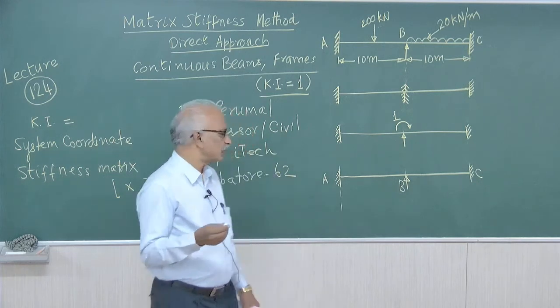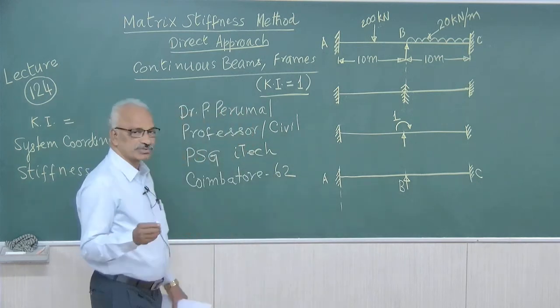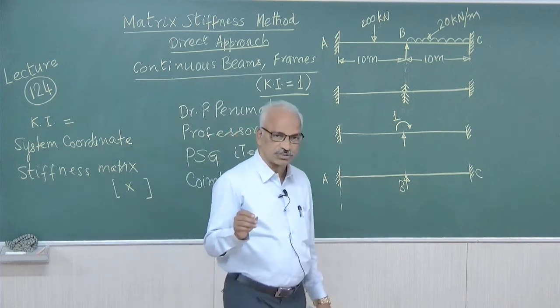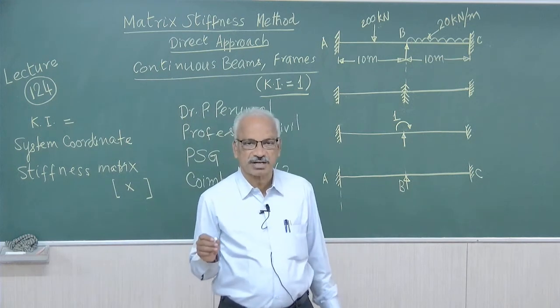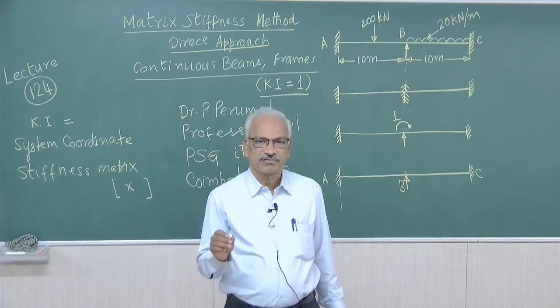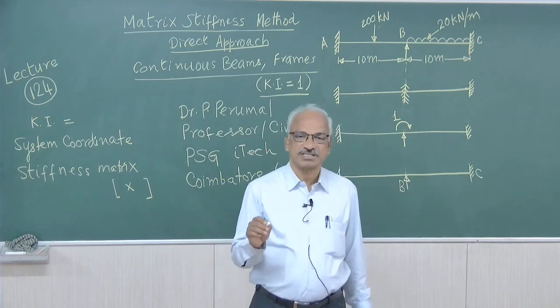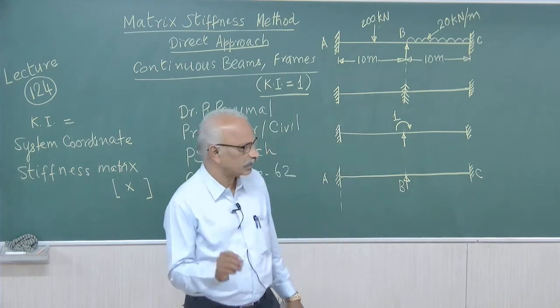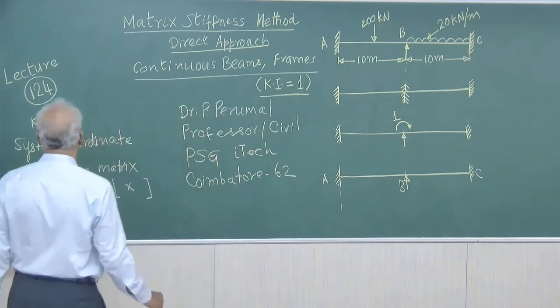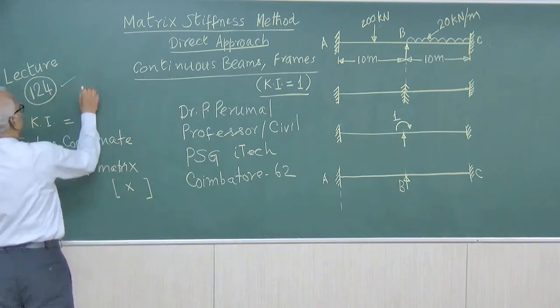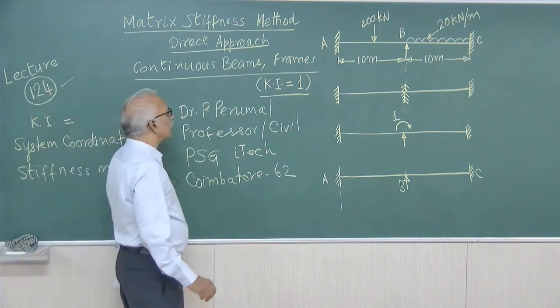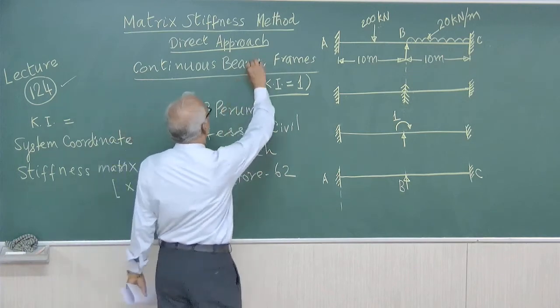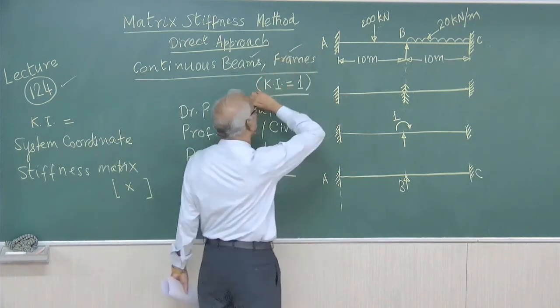Therefore, now we will take up two problems, one on a continuous beam and one on a frame, with the kinematic indeterminacy equal to 1. This is lecture number 124, in which we will take continuous beams and also frames, one problem in each.